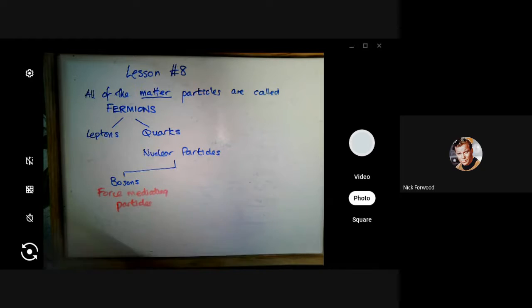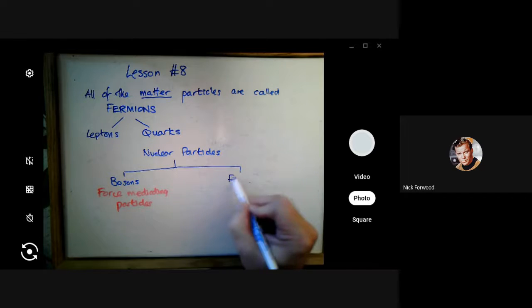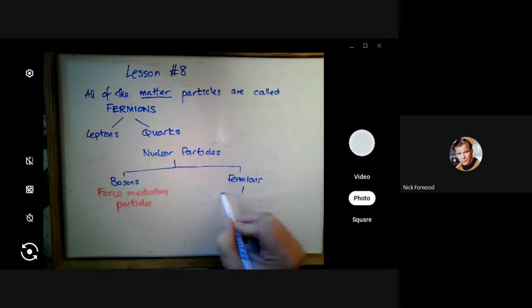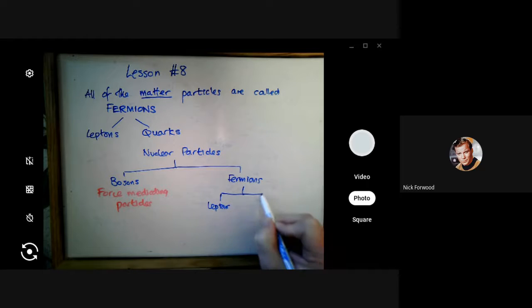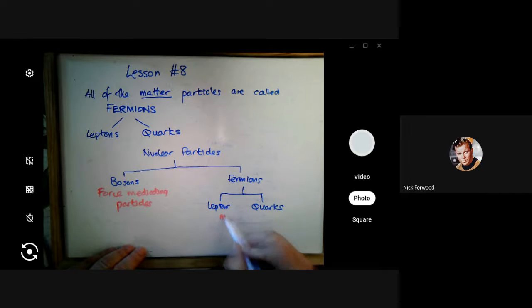And we have, as a subgroup of all nuclear particles, fermions. And fermions are divided up into leptons and quarks. So they're all particles, but these are like forces, whereas these are matter.